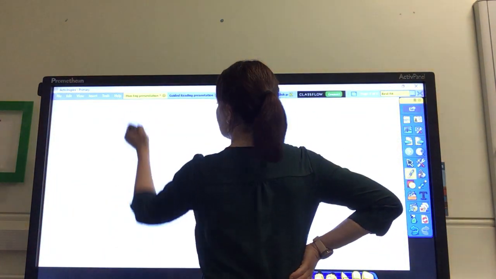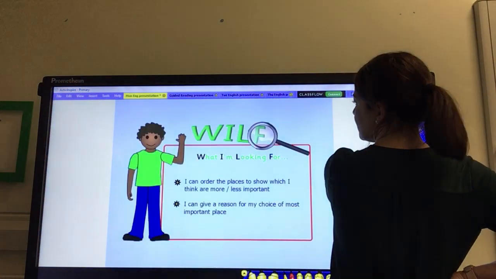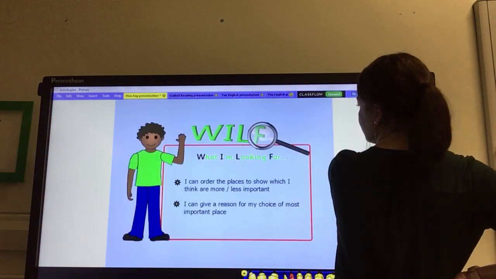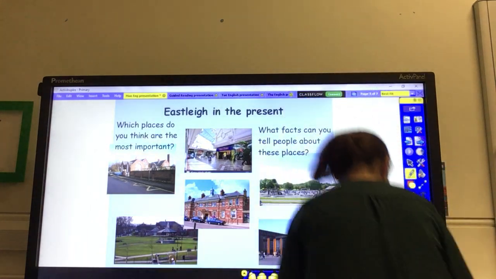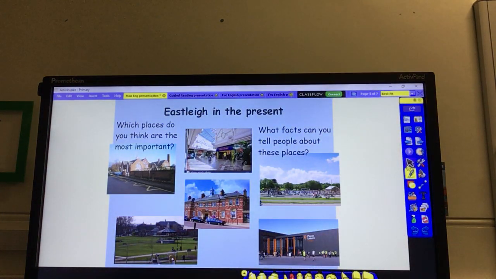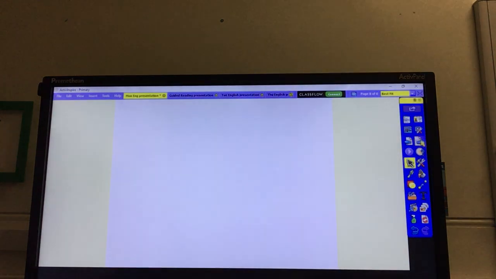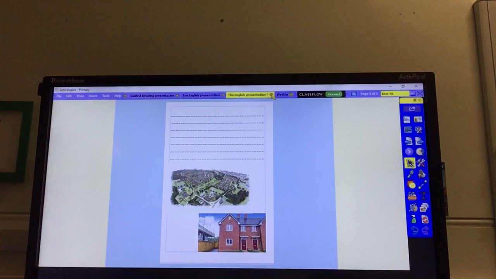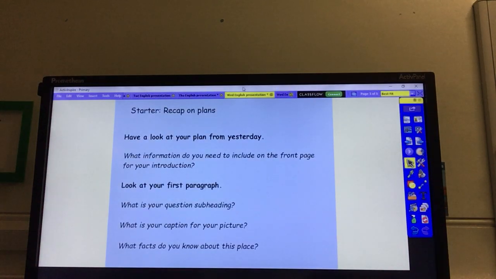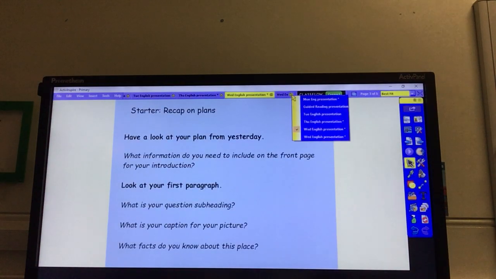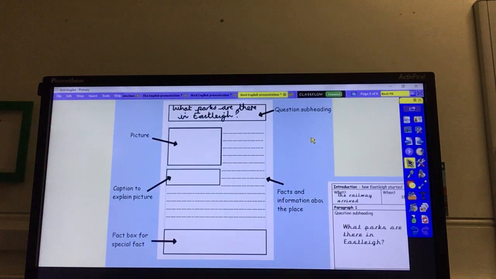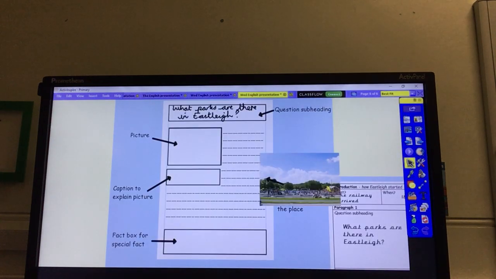If I go back to the Monday work, oh, I've missed it, there it is. I can cut and paste that picture. You can cut and paste a picture as well, or you can draw your own picture. Make sure we go back to the right one. Here we go. Put my picture in there.